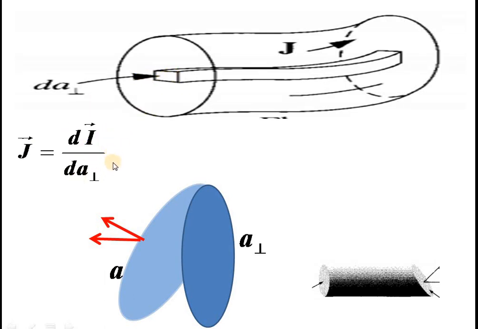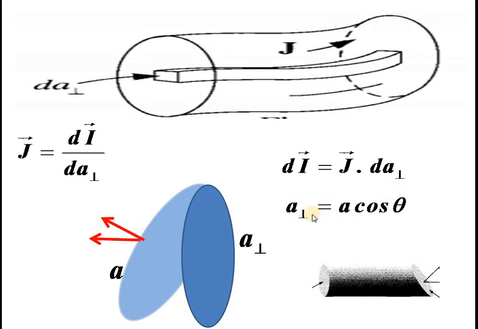So this is an elementary current dI passing through an elementary area dA. So you can write dI is equal to, all are vectors because we have the direction, but dA perpendicular has no direction, so J dot dA.